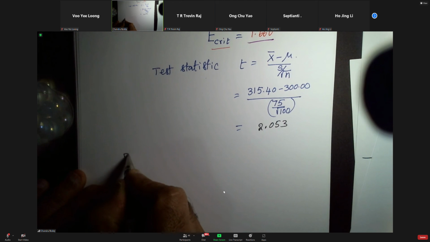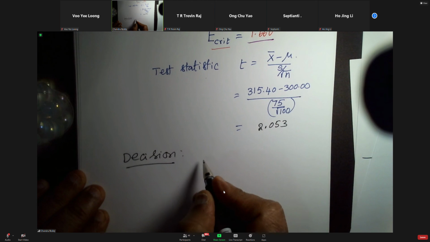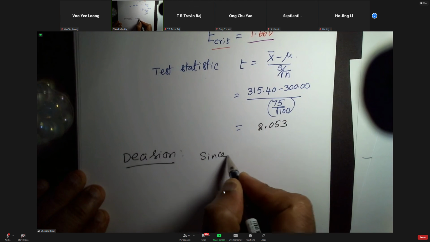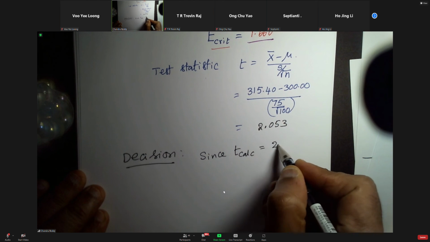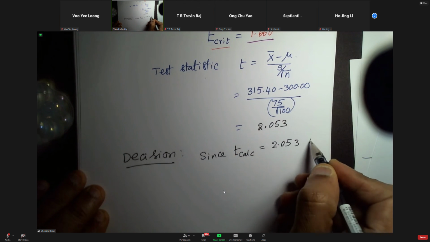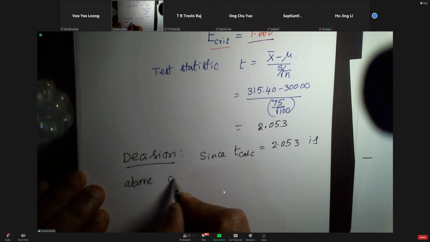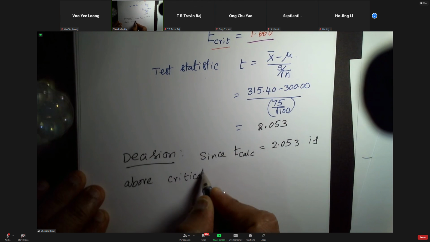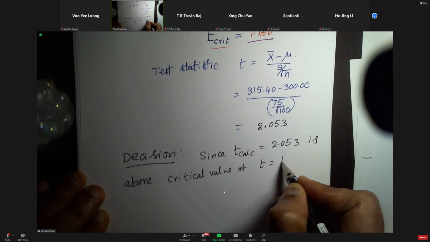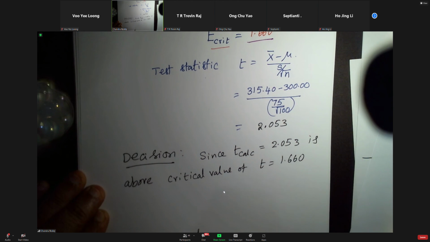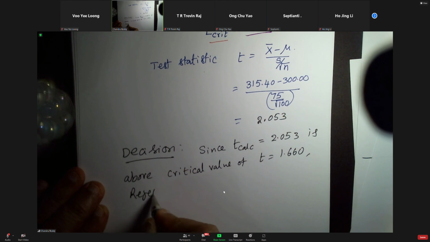So what is the decision? Since the calculated value 2.053 is above the critical value of t, which is 1.660, we reject the null hypothesis.